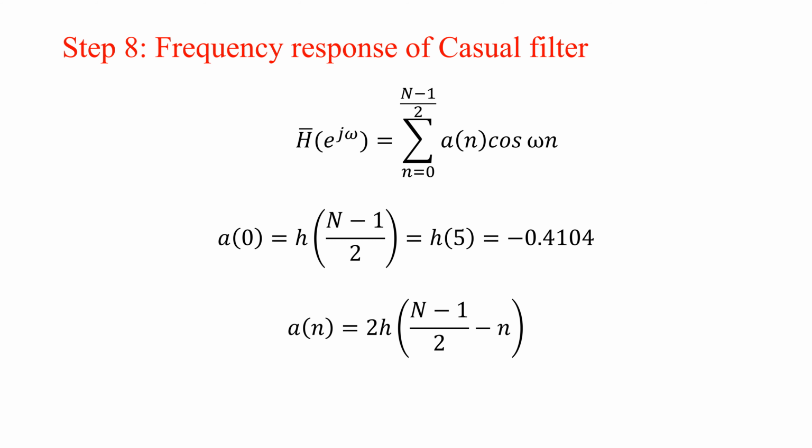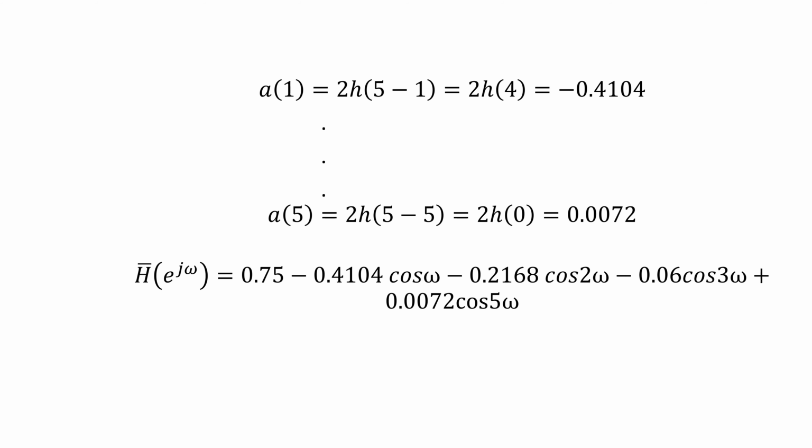Small a of n is the coefficient for a causal filter. a of 0 we have to find out separately. For that the formula is given, and for the remaining values of n, the formula is given. Then from n is equal to 1 to 5, we have to substitute n is equal to 1, etc. up to 5. We have to find the different coefficients and substitute them in the h of e power j omega term.